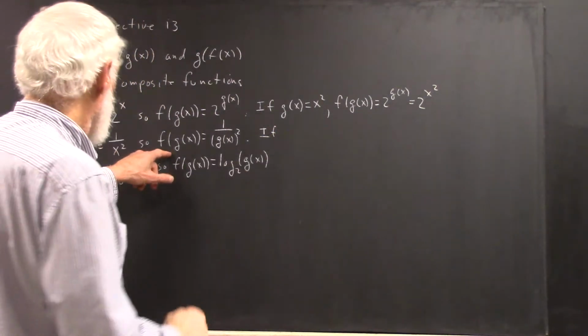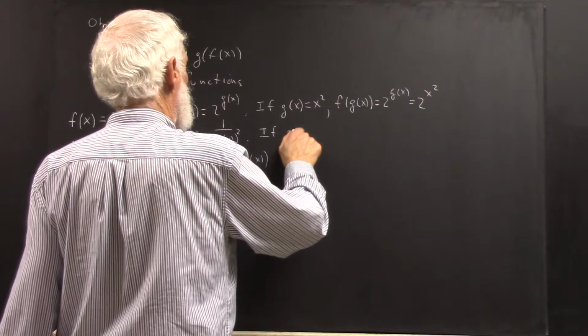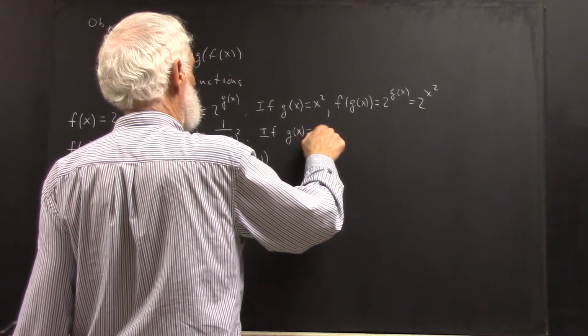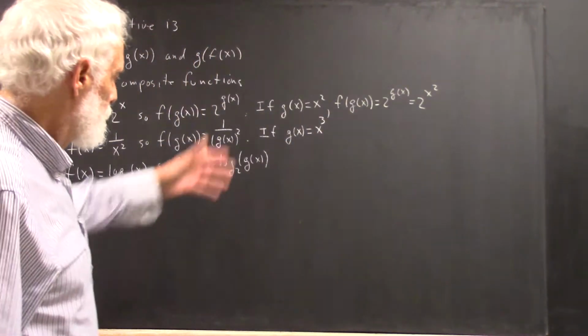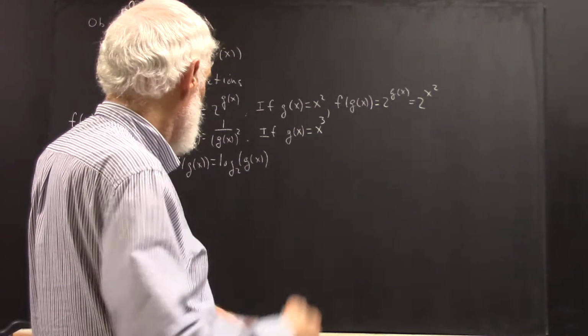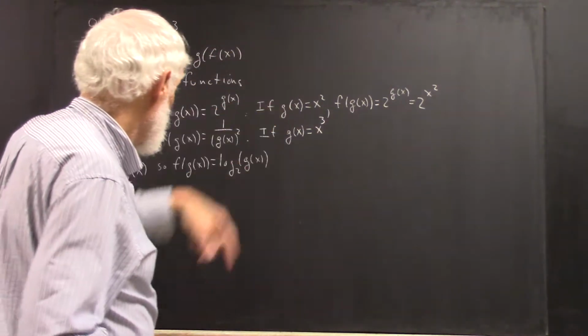Okay, for this one, let's let g of x equal, what the heck, x cubed. Haven't used that one a whole lot, other than the graph being antisymmetric and the numbers being a little bigger or smaller. It's a lot like x squared.